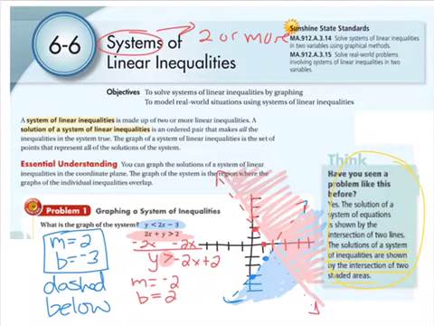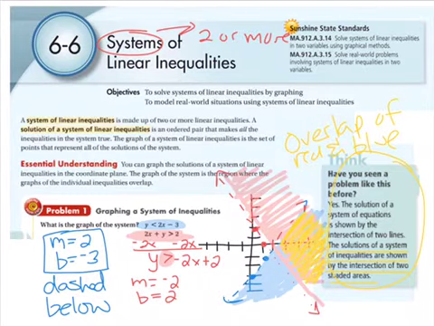What I always say in my mind is I just think it's the overlap of, in this case, red and blue. So if you look right in this area, this is where I have red and blue. And this is where on my paper, like if I was taking a quiz or a test, I would want to really darken that or highlight that to indicate that that is my solution, where the two inequalities overlap.